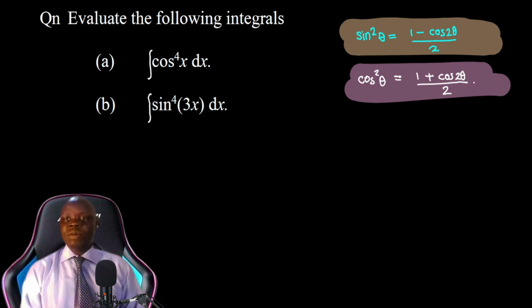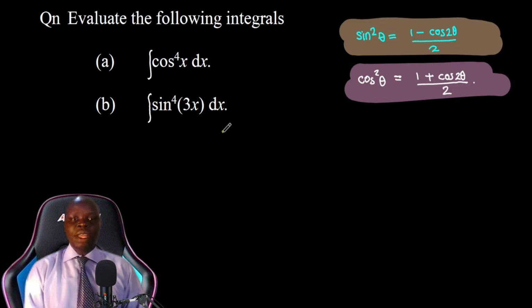So with all this said, let's move on and take a look at this first example, where we have the integral of cosine to the power of 4 x with respect to x. This we can write as the integral of, in terms of cosine, cosine squared x, and we raise it to power 2, like that, with respect to x.